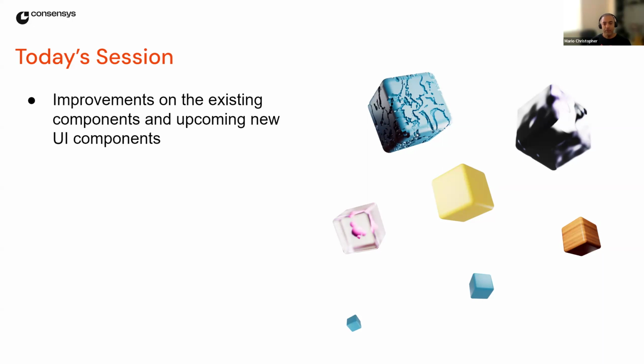Because the main ask for many developers is how can we make our user interface look better? How can we add more functionality? So we cannot release all of the functionality at one time because it's a humongous effort. So we work on it in a phase by phase manner. And today I'll be showing the improvements on existing controls and a couple of new controls that we've added to the mix.